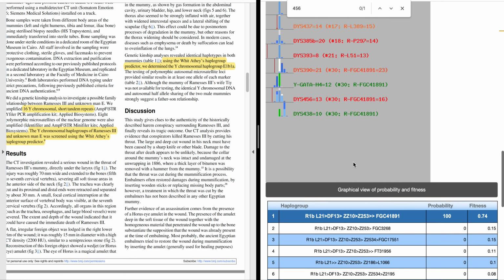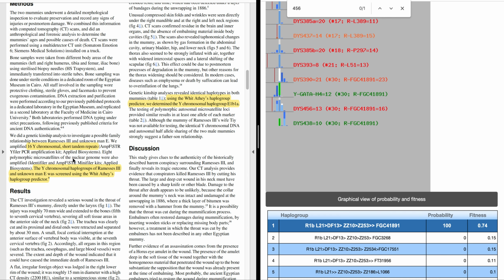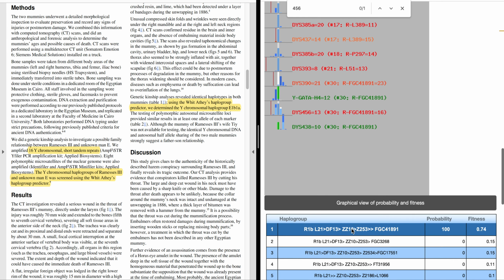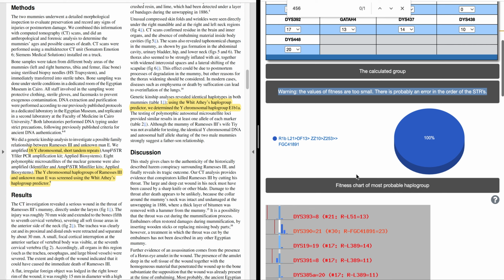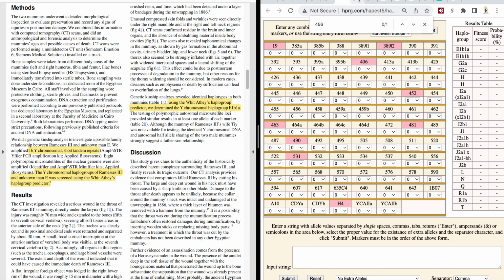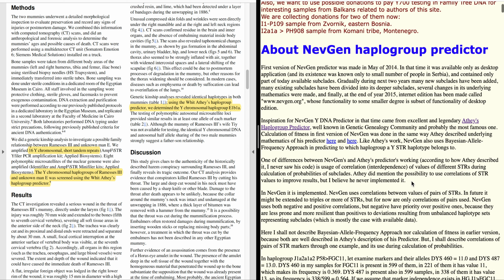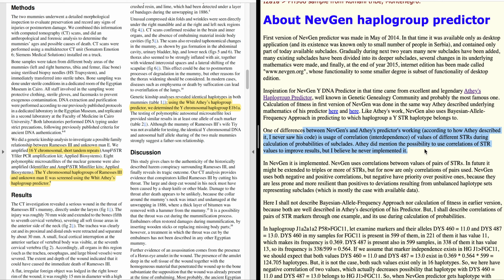So until they come up with updated evidence of longer markers or authentic markers, this is what I got on NevGen, and I'm trusting NevGen over Athey's based off of the information stated right here, because he's saying that Athey's predictor didn't implement the values of different STRs during calculation of probabilities of subclades.